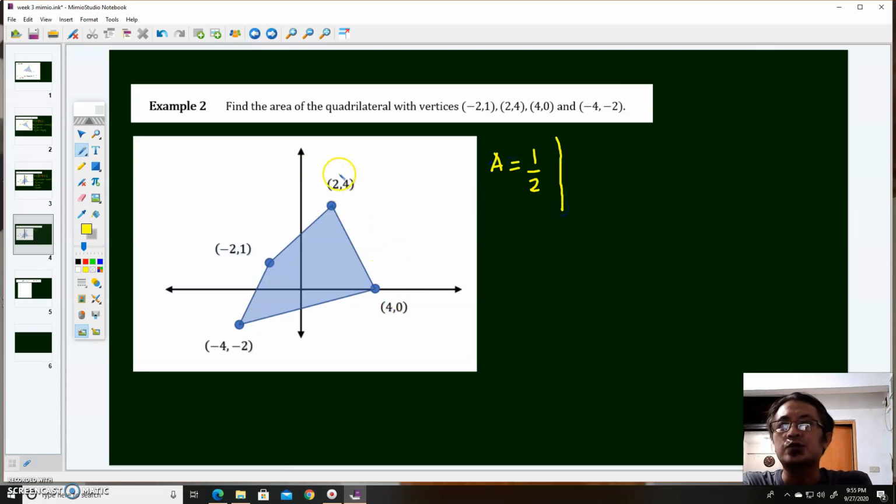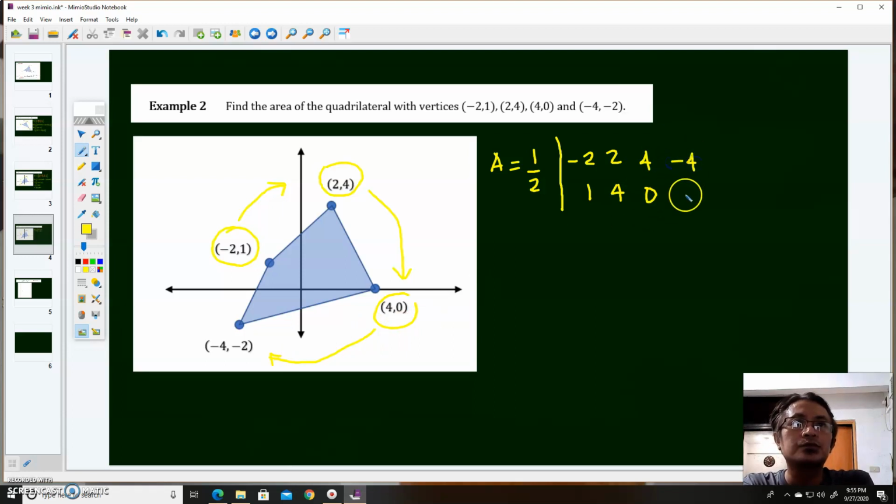This time we will start with negative 2, 1. And then we will move this time clockwise. So you have 2, 4. Then you have this 4, 0. Then the next negative 4 and negative 2.